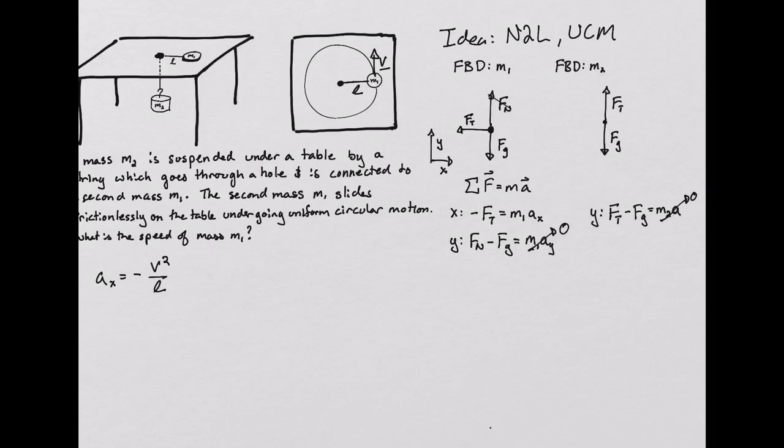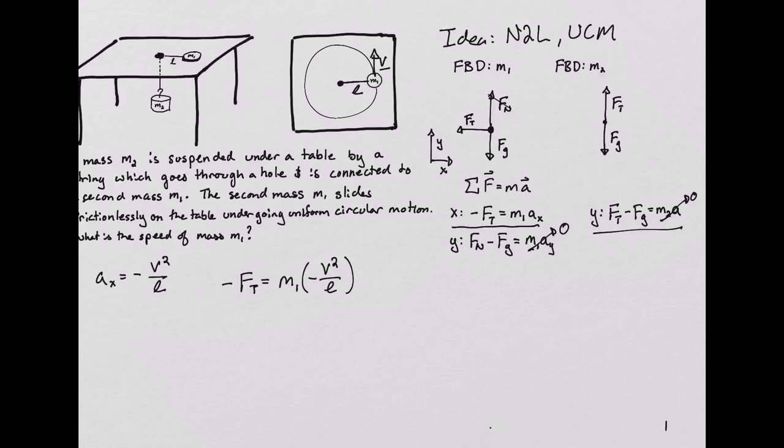V is what we are looking for, so we can substitute that into the equation. Plugging this into the x equation, we get minus the force due to tension is equal to the mass M1 times negative v squared over L. At this point, we can use the y equation for the mass M2 to solve for tension as well.